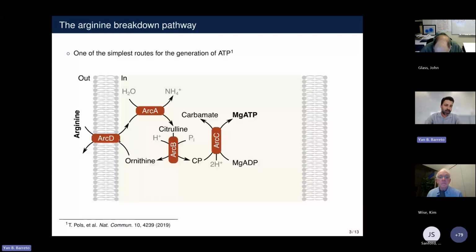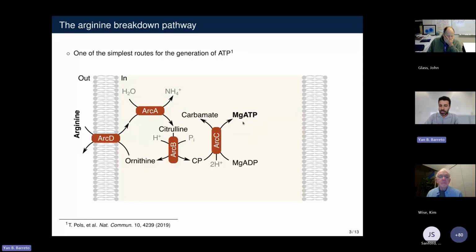The transporter ArcD exchanges external arginine for internal ornithine, and then the internal metabolism replenishes this ornithine so that the exchange can keep going. It forms carbamoyl phosphate, which can bind together with ADP to form ATP. So we have a very simple route, with 4 enzymes, to form ATP inside the cells.